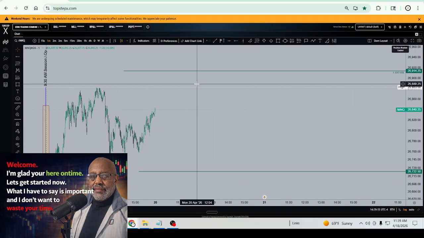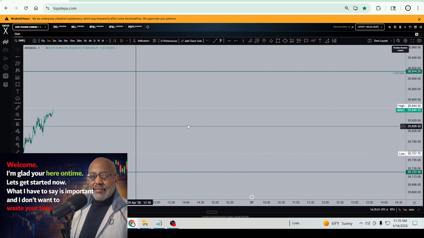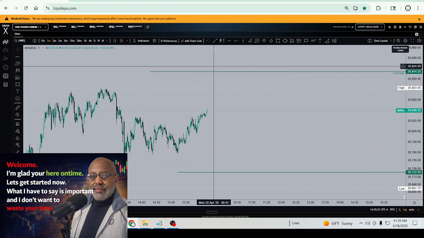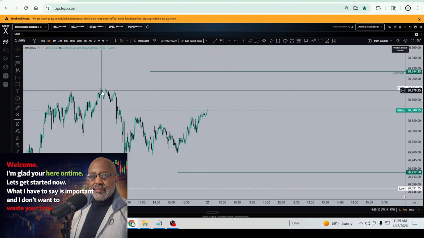Although they do the same thing, they all go up, down, and sideways, but some of them move more aggressively than others. Gold might spike, for example, very quickly, very high, 150 points, where the Nasdaq might spike in price 75 to 200 points. It depends. Every market's different.